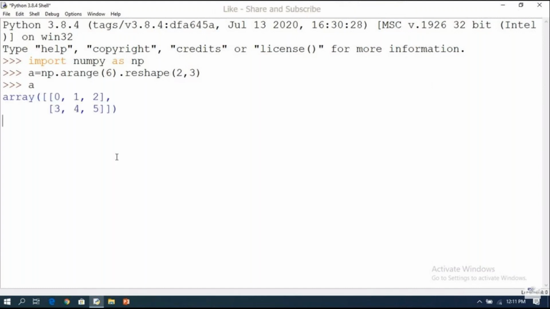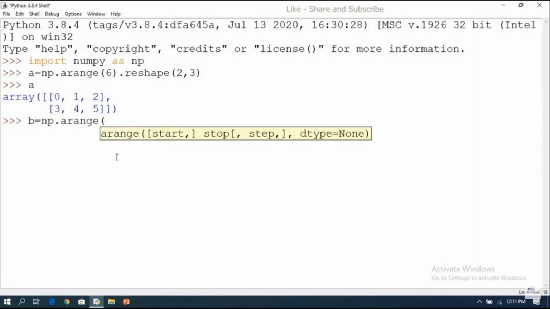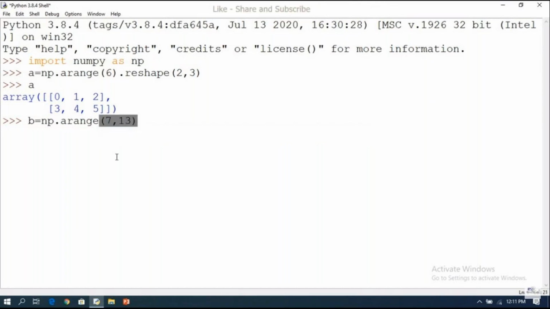If I print a, you can observe 0 1 2 3 4 and 5. And we'll create one more array, b is equal to np.arange of 7 to 13, so another 6 elements, dot reshape of.